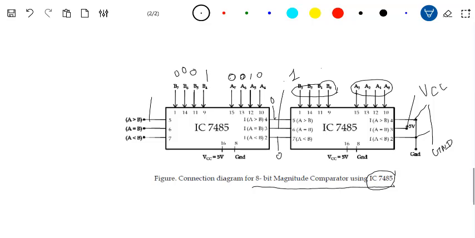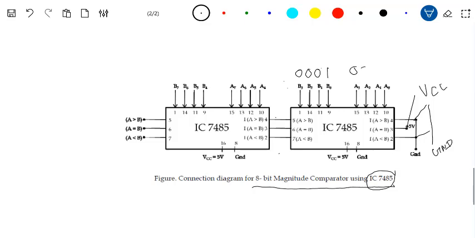So for example, let us take the next sample sets, right? Now here I am going to set the A0, B0 bits. This is 1 and this is 0.